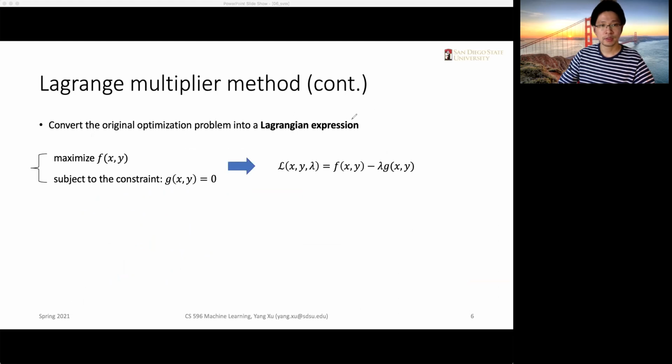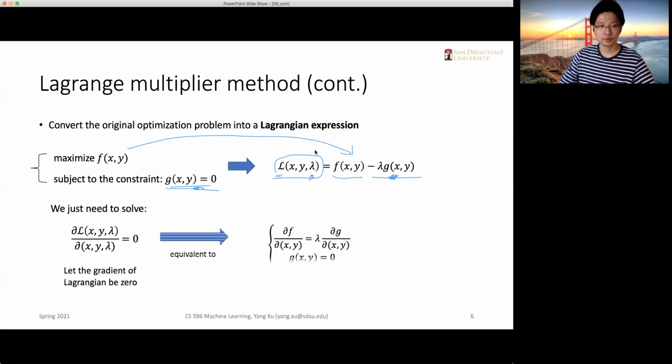We put the original function here, and we subtract lambda times the constraint function. The constraint is an equation, so we can put it here. With this Lagrangian, we have an additional variable lambda introduced. So this Lagrangian expression has three variables, not just x and y, but also lambda.